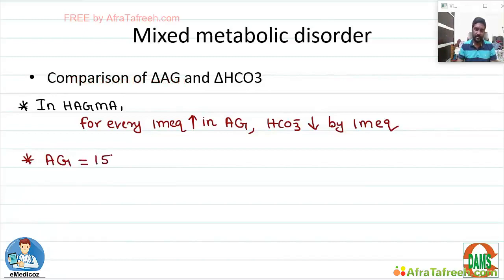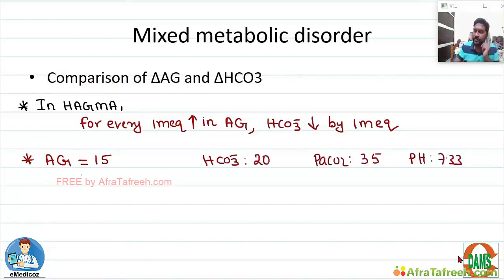is 15, let this be the given set of ABG. The patient's pH is 7.33, PaCO2 35, bicarbonate 20, and anion gap is 15.